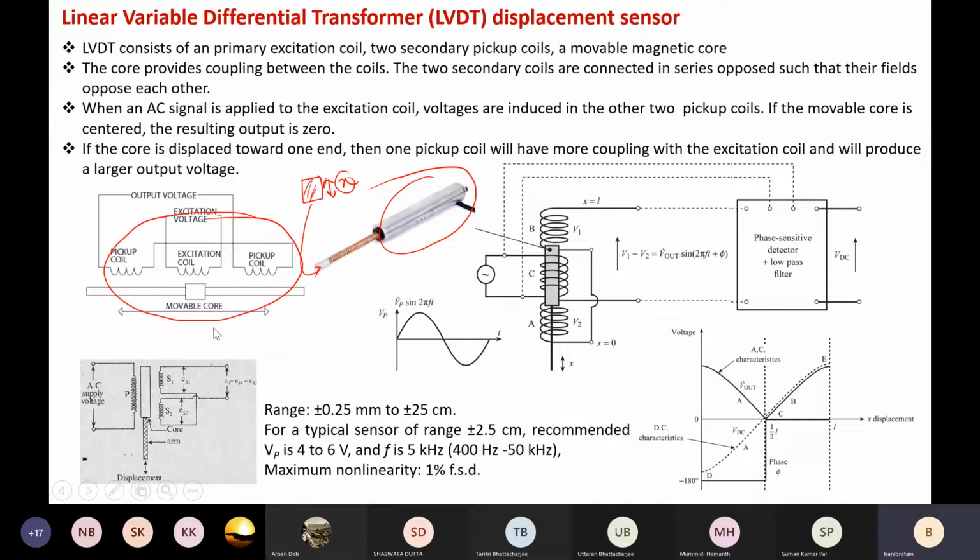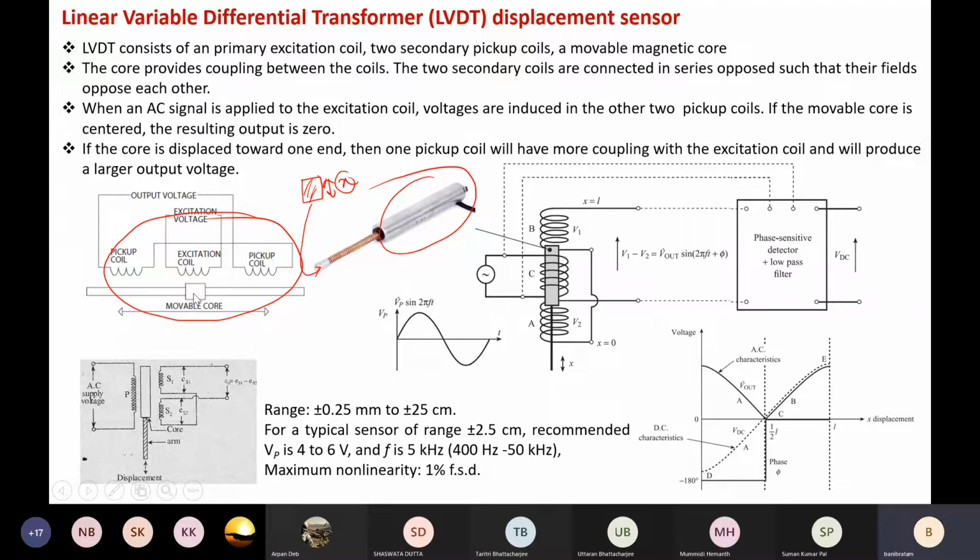Equal or different? If the distance from this to this and from this to this are the same, then the flux cutting will be equal when the movable core is at null position, or at x equal to 0. So then what will be the output voltage? Output voltage will be 0. Very good. Because, as we said, the secondary coils are connected in series opposition, so V1 minus V2 will be 0.